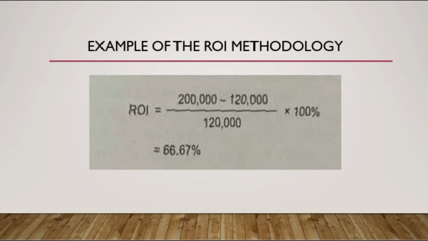ROI is equal to total program benefits, which is 200,000, minus the total program cost, 120,000, over 120,000, which is the total program cost, times 100% equals 66.67%. This means that for every peso spent on training, 0.67 cent is contributed to the profit. The training program can be deemed a success.